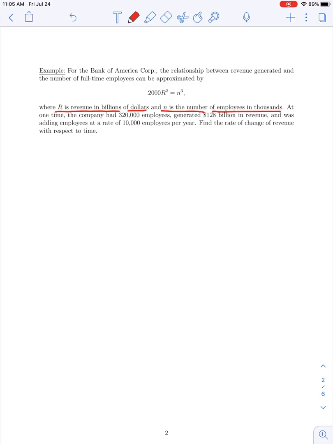So same sort of process as in our last example. So the equation that we're given here is the following. We had 2,000 times r squared, but we're going to keep in mind that r, the revenue generated, is actually dependent on time. It's changing over time. So it's a function of t.